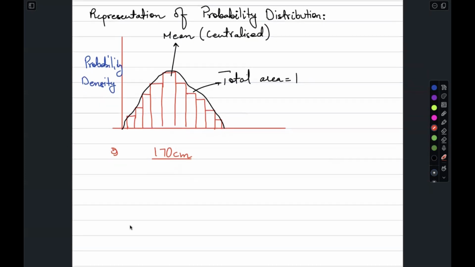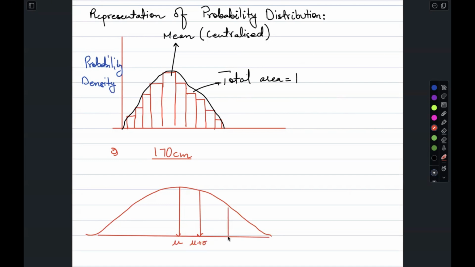So a continuous variable is represented as this bell-shaped curve where the mean is centralized. So this is the mean, and these values represent standard deviations away from the mean. So this is mu plus 1 standard deviation.